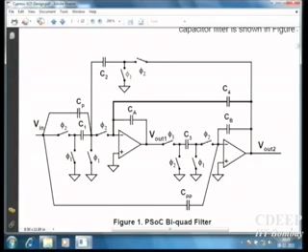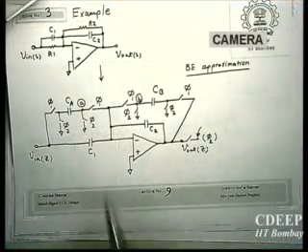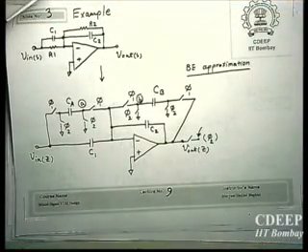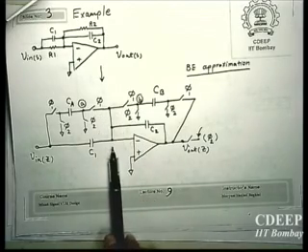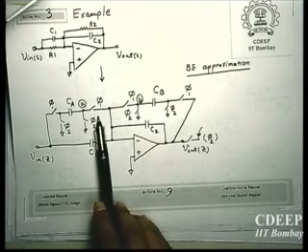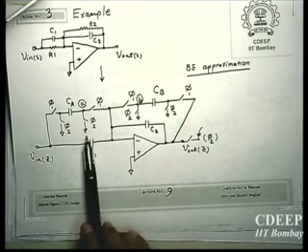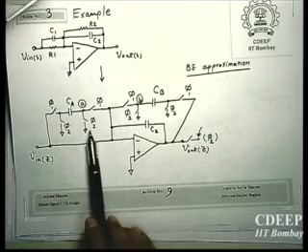I explained it yesterday, right? Switch sharing. For example, look at this architecture, and look at nodes A and B. These two nodes will be connected to virtual node in phase phi 1. They will be connected to AC ground in phase phi 2.